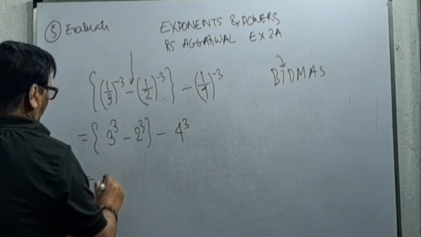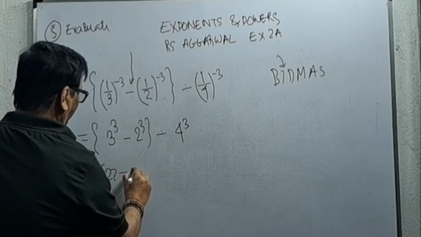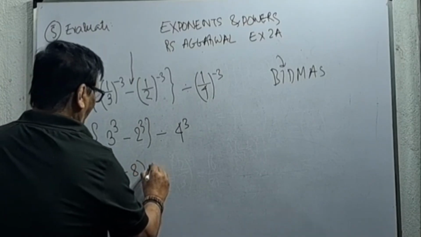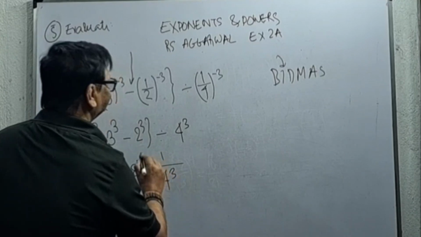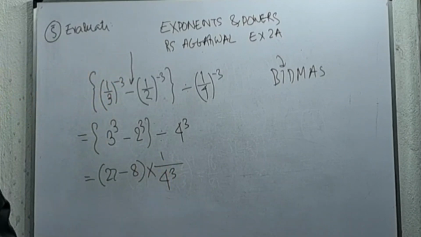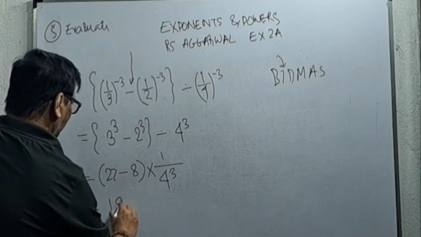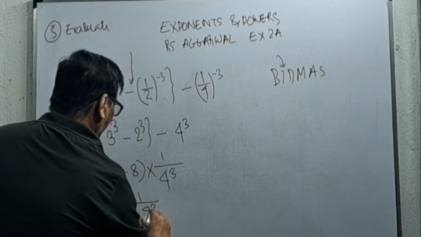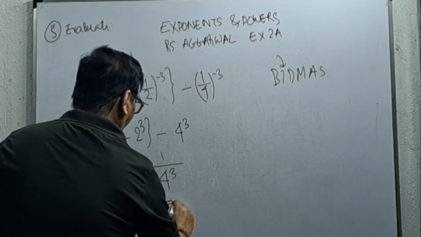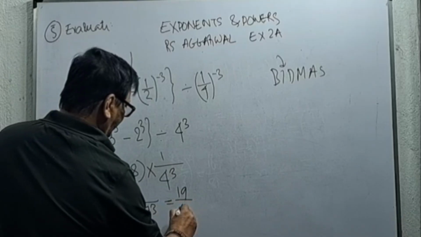So you get 27 minus 8 times 1 by 4 to the power of 3. Correct? So in that case you get 19 times 1 by 4 to the power of 3, which is 19 by 64.